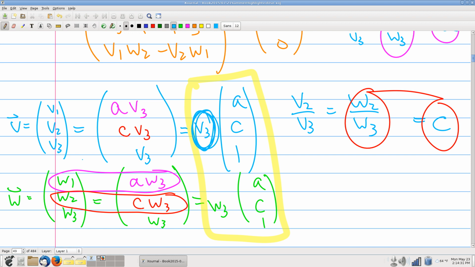Aren't you going to set the proportion V1 over V2 equal to B? I could, but I didn't need to. I achieved my goal of realizing the vector V as a multiple of this constant vector, so you don't need that other proportion. We had more capability than we really needed to make use of.